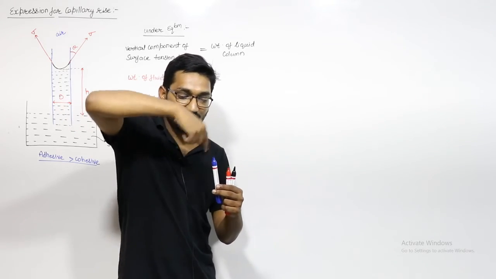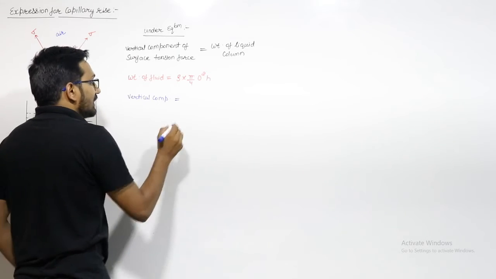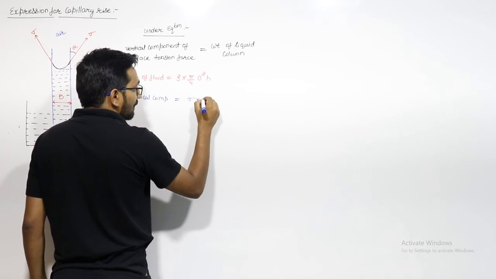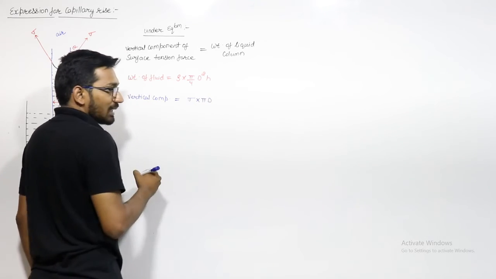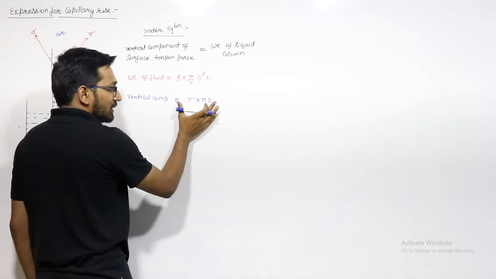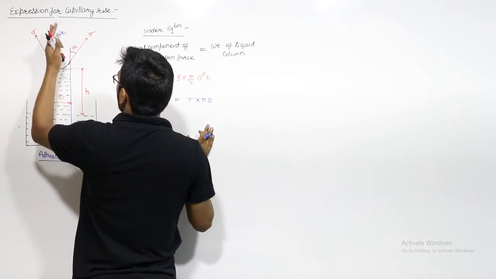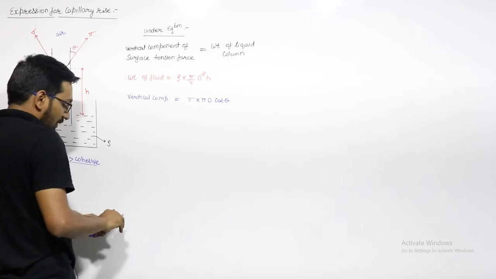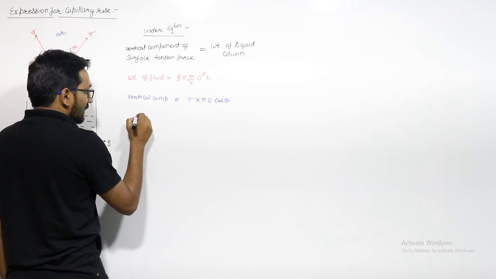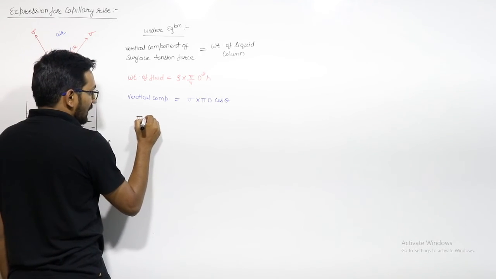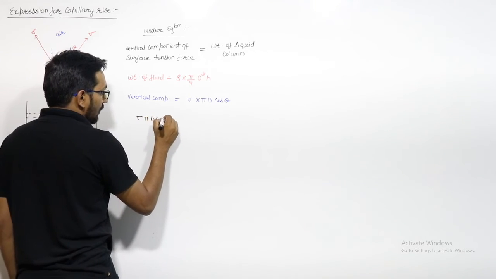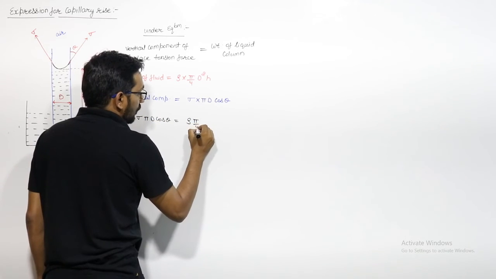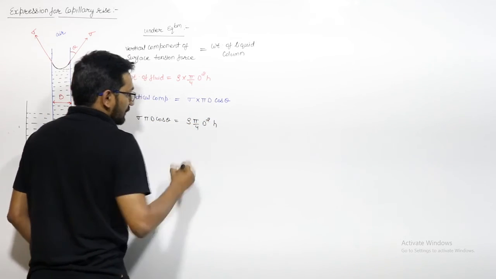So the force will be sigma into circumference, pi d, and the vertical component will be cos theta. If you equate it, sigma pi d cos theta equals rho pi by 4 d square h.